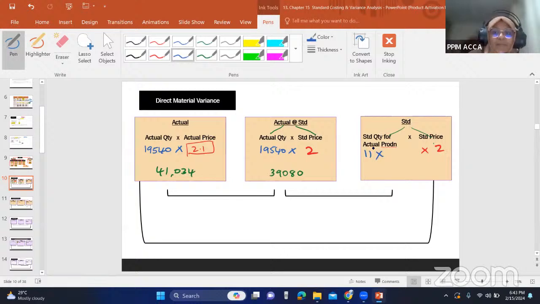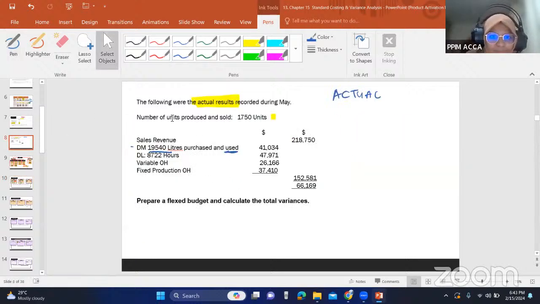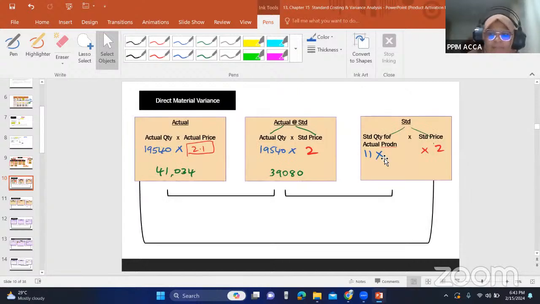For actual production, so what was the actual number of units that I produced? 1,750. So that 11, I have to multiply it by the actual production, which is 1,750 units. So 11 into 1,750 into 2, that should give you 38,500.